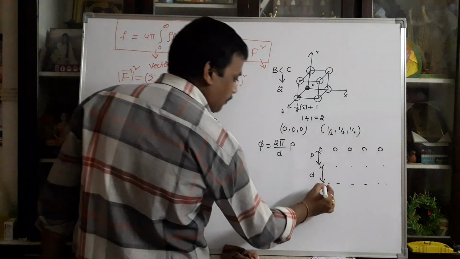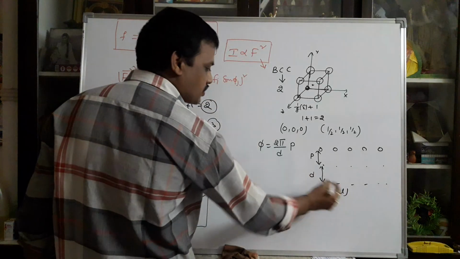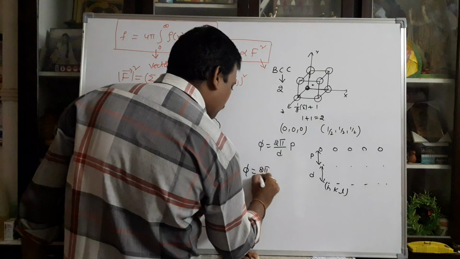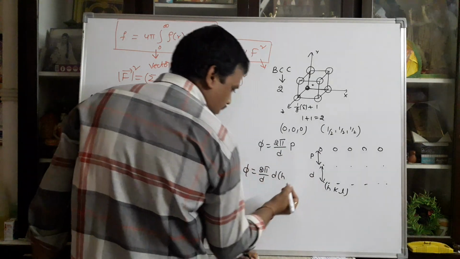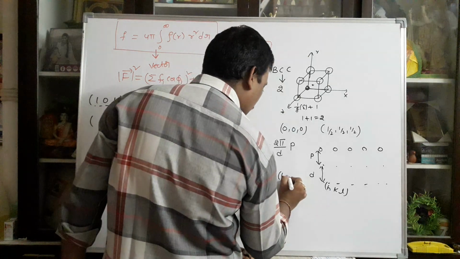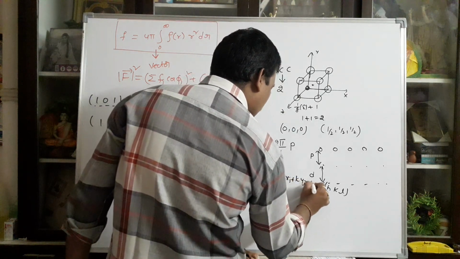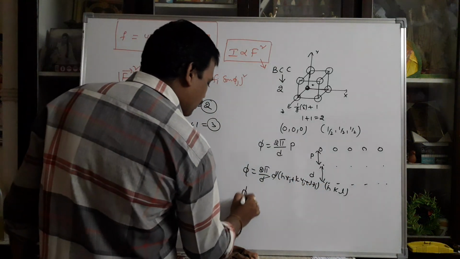According to the Miller indices h k l of the parallel family of planes, p can be represented as 2 pi by d into h x_j plus k y_j plus l z_j. Here the d's get cancelled, then finally you get the phi value.